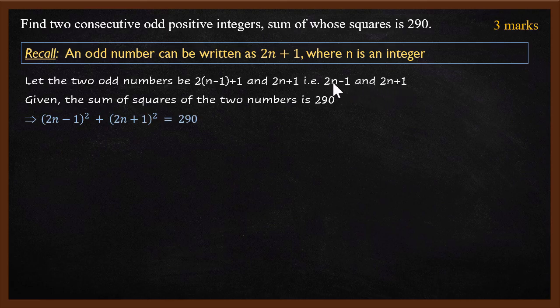So these are the two consecutive odd positive integers that we are looking for. Next, they have given that the sum of the squares of these two numbers is 290. That means 2n minus 1 whole square plus 2n plus 1 whole square equals 290. This is what they've given.